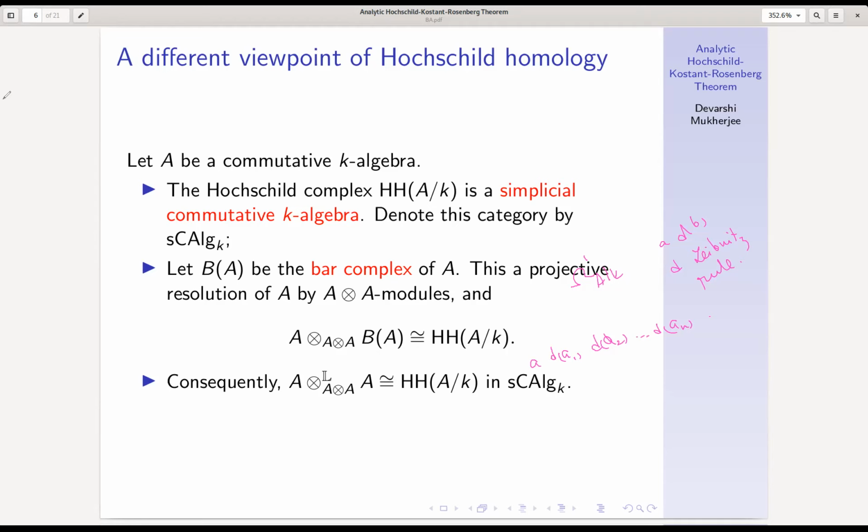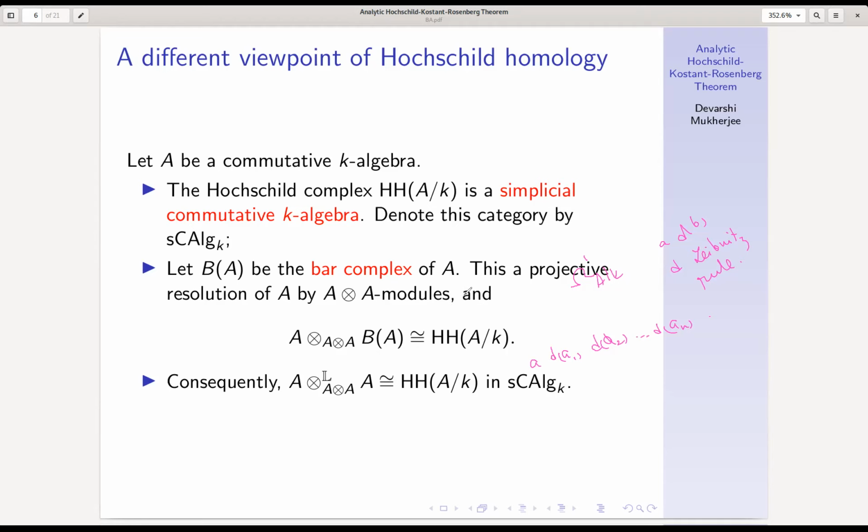And now if you additionally know that the algebra is commutative, then the face and degeneracy maps are algebra homomorphisms, and this turns the Hochschild complex into a simplicial commutative K algebra. Okay, now let's just denote this category of simplicial commutative algebras by this.